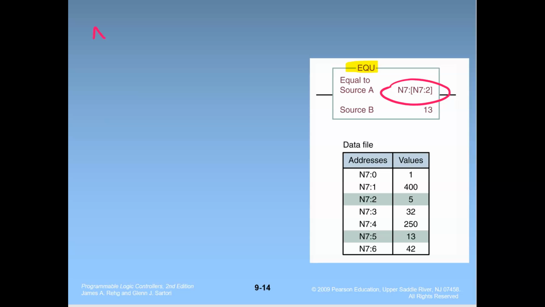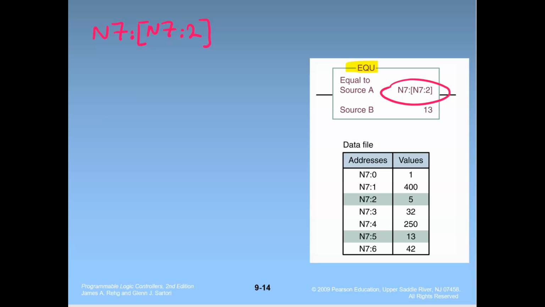Now, I'm going to write the address here. Your address is n7:, and then I have a bracket. Inside the bracket, I have n7:2. I need to figure out what is the data that has an indirect address in this form.